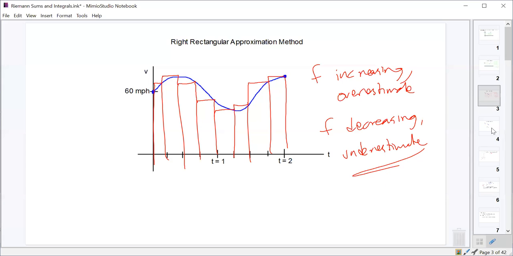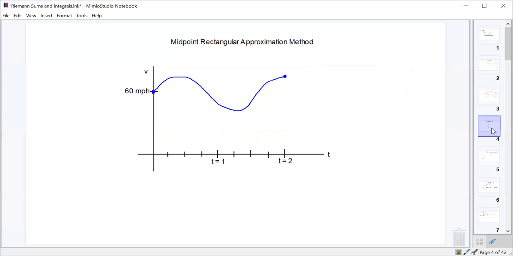Midpoint. So a midpoint rectangular approximation, which means we're just going to take each of these subintervals, find the midpoint of them, find the value of our function at that midpoint, and then draw a rectangle using that value. This should be a better approximation in general than both the left or the right approximation.